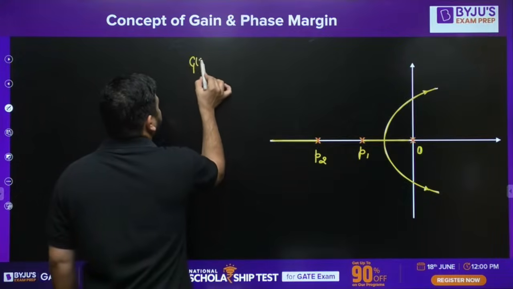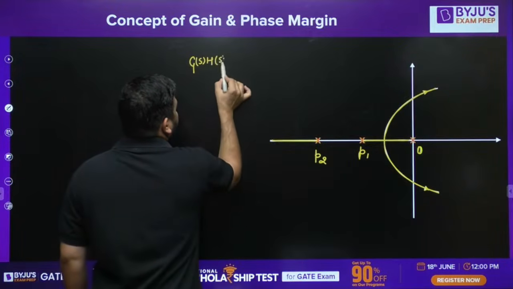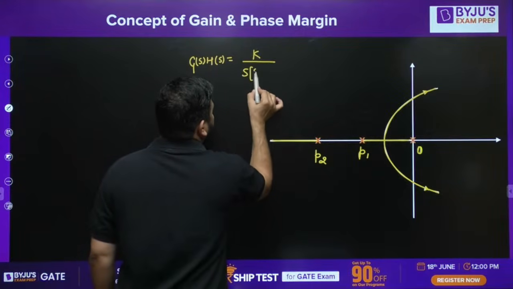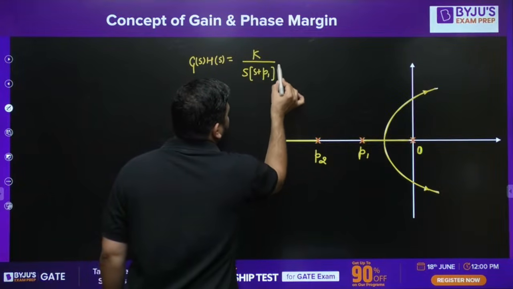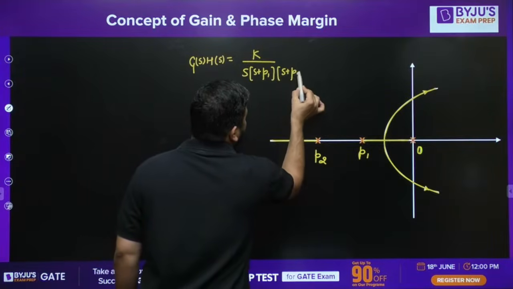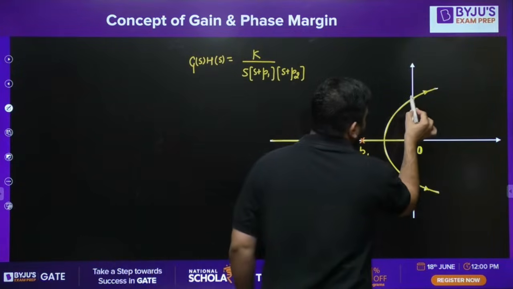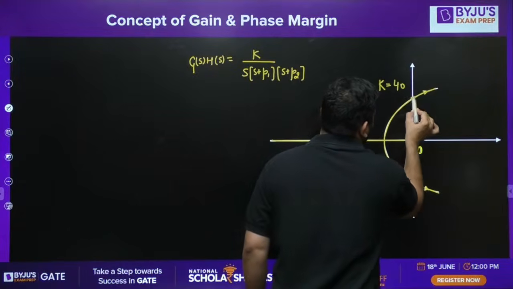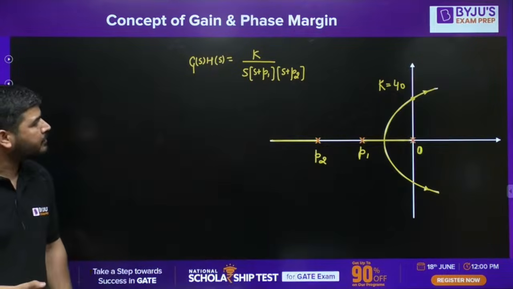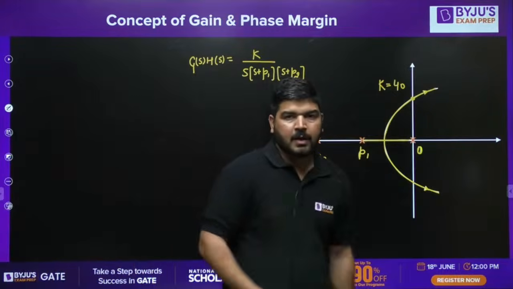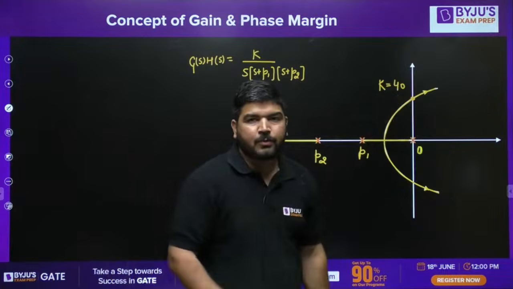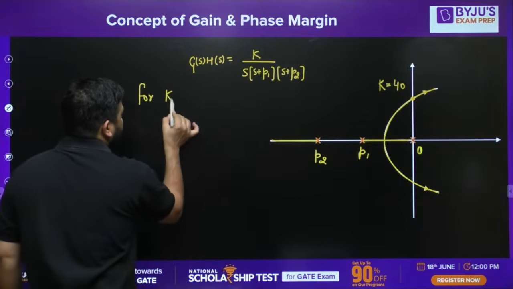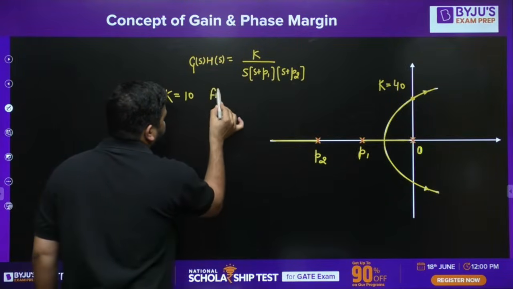GSHS is given as k divided by s into s plus P1 into s plus P2. Okay, at this point k is given as 40. It is mentioned that at this point k is 40. For k equal to 10, find the gain margin.